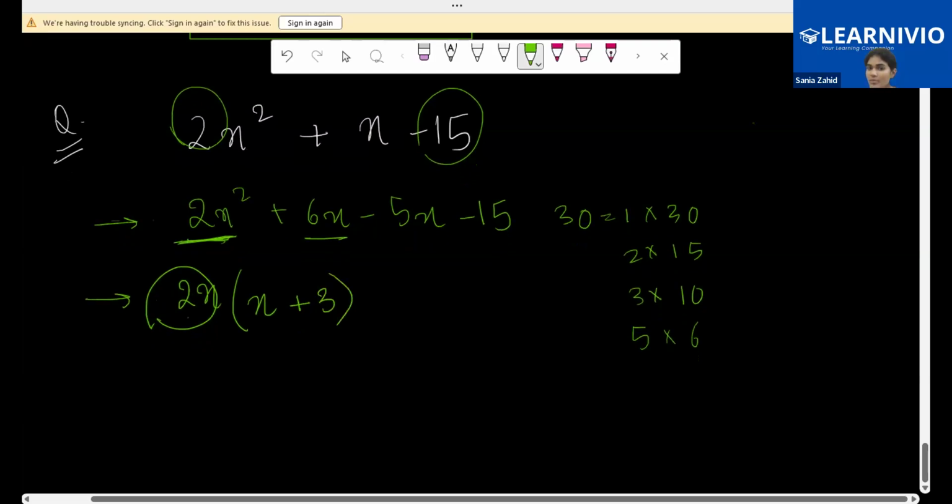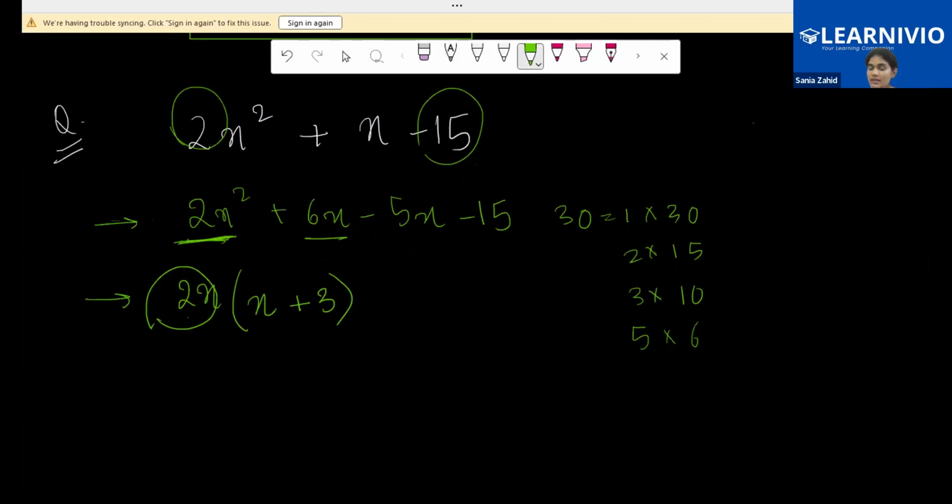So now you understand how we take common? Now tell me, from minus 5x and minus 15, what should I take common? 5. Very good. And the sign? It is a minus sign. Minus 5. Very good.